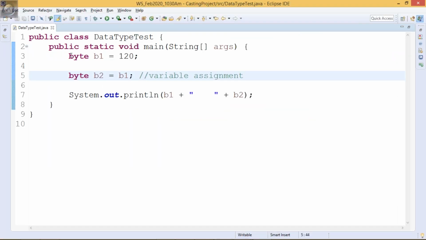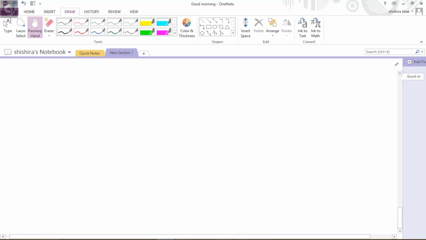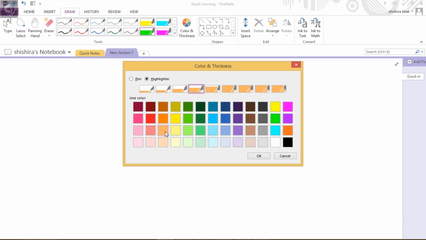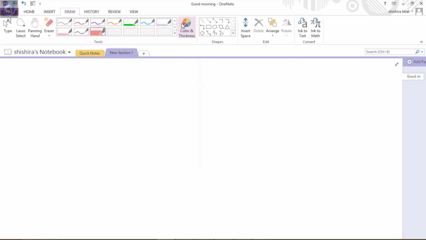Observe this. Now I have byte. One strategy I'll teach you. Whenever you really want to assign from one data type to another, listen to me. Let's say you have a variable called variable one. You want to assign this variable to variable two. This is called the assignment operator.